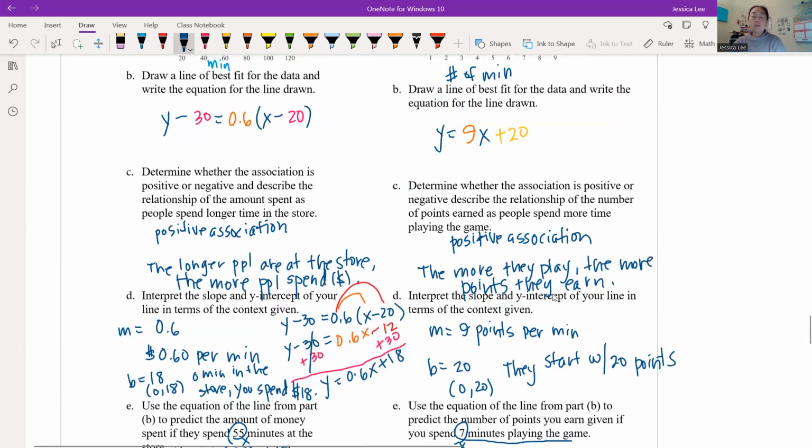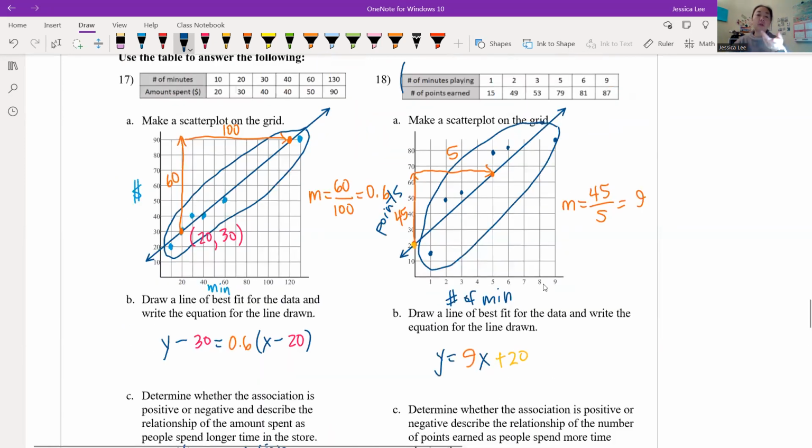All right. If you want to see what the point-slope form would look like if we did not have this, I can show you that. Or you can just be done. This is just a little side note here. So if we were going to use point-slope form, I'm going to use this point right here, (5, 65). I'm just going to show you because you might not get one that has a good y-intercept.